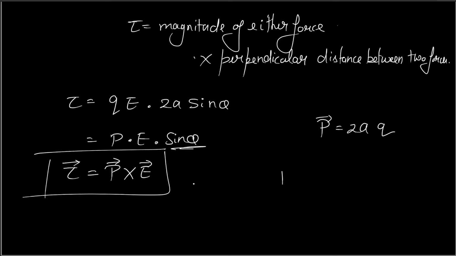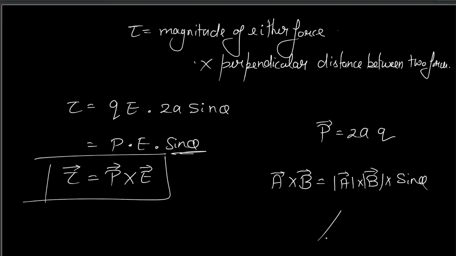And you must know the cross product between two vector quantities is nothing but the magnitude of a into magnitude of b into sine theta, the angle between the two vector quantities. You should also remember that the angle is between the two tails. This part is very important.